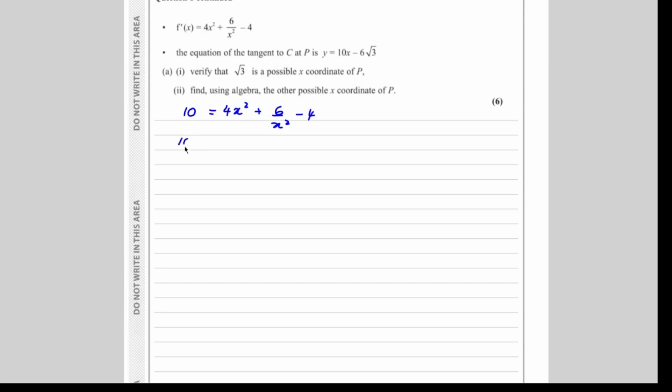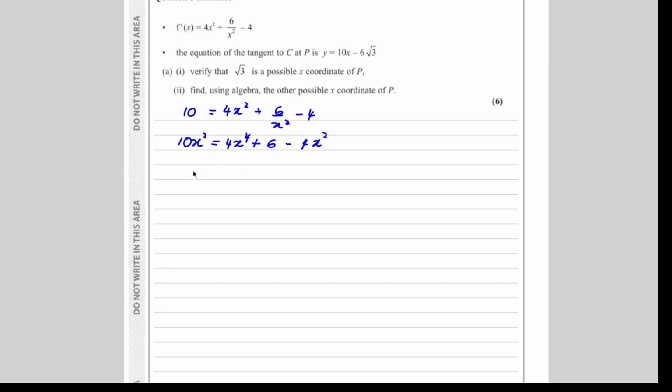Then 10x squared equals 4x to the power of 4. When multiplying, we need to add the powers. Then 4x squared into x squared, we add the powers. Here 6 over x squared cancels out, minus 4x squared.